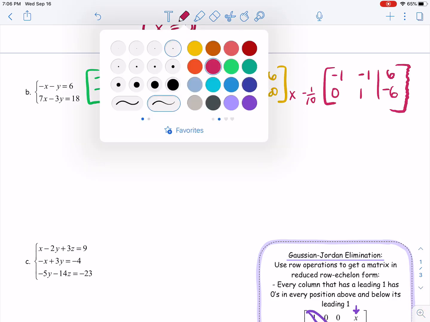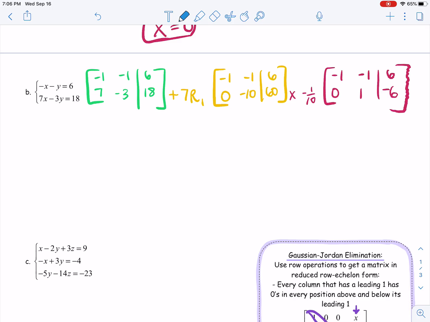Now all that's left is to turn that -1 in the top left corner into a +1. And all I need to do is multiply by -1. If I multiply by -1, then that's going to be 1, 1, -6. Didn't change anything with my last row.